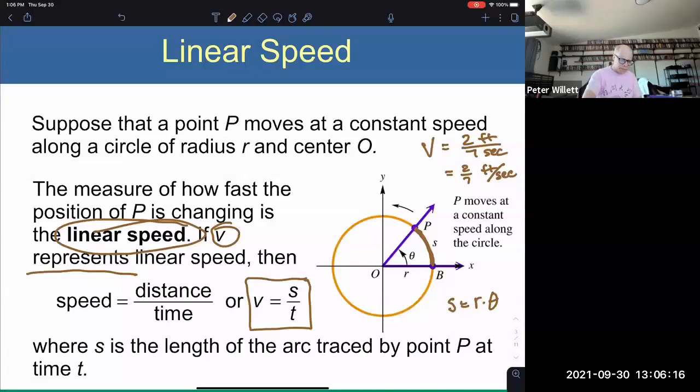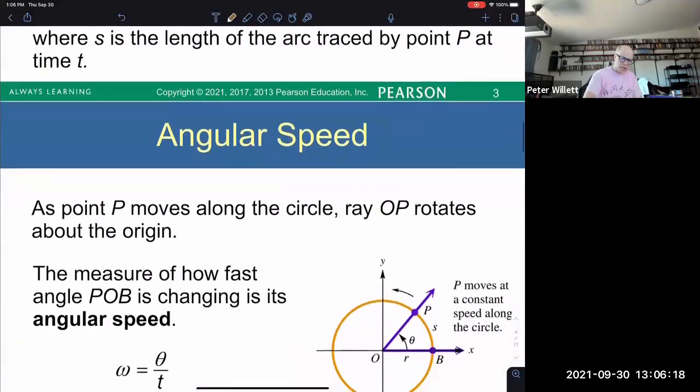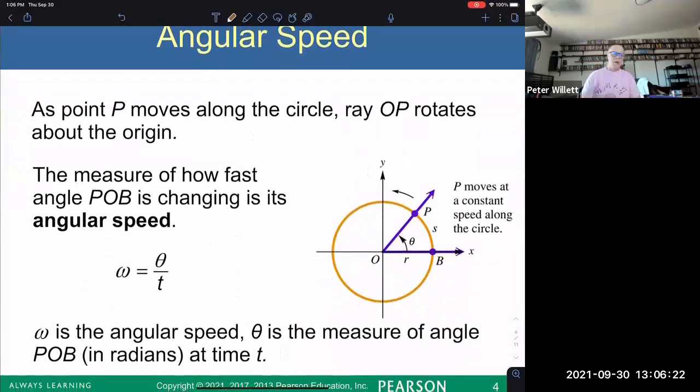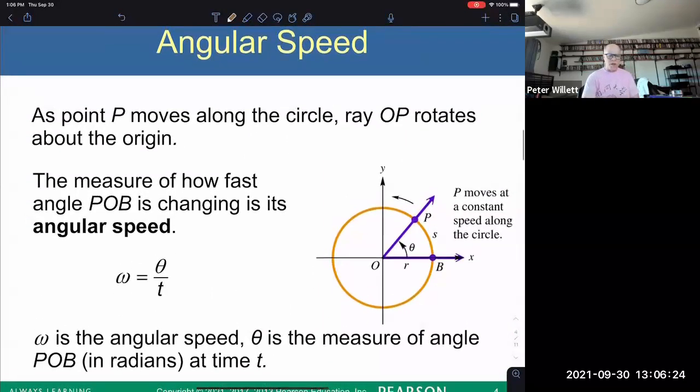Okay, so the next thing is the second concept, and we're just going to introduce them together, compare them, and then we'll look at a couple problems that utilize these concepts. The other possibility is to consider angular speed. Linear speed is literally how fast you're moving around the circle if you're riding along the circle.